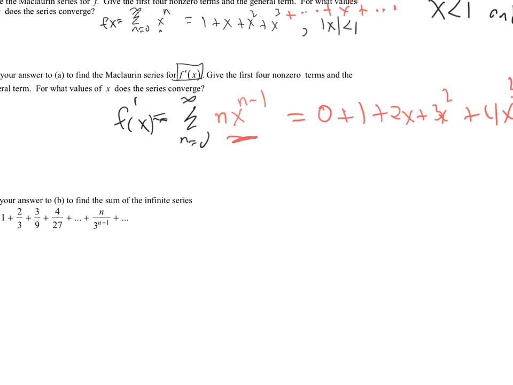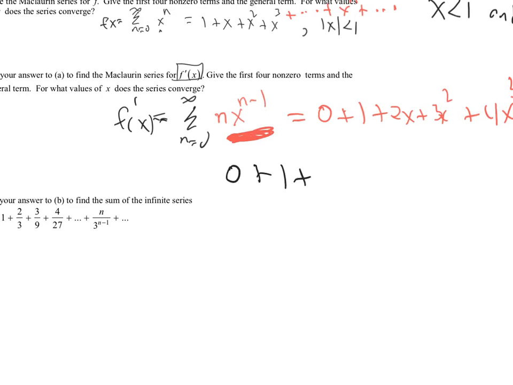Now, if I was right, this general term should give me the same thing. Let's see if it works. If n is 0, I get 0 times x to the negative 1 power. That's 0. Plus, if n is 1, I get a 1 times x to the 0. That's x to the 0 is a 1.